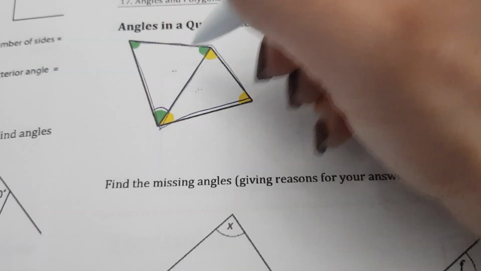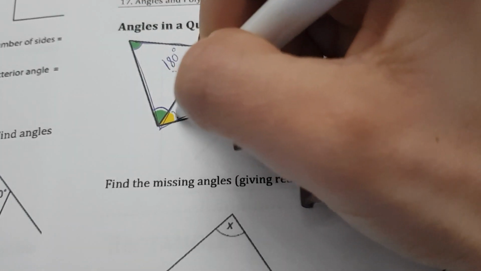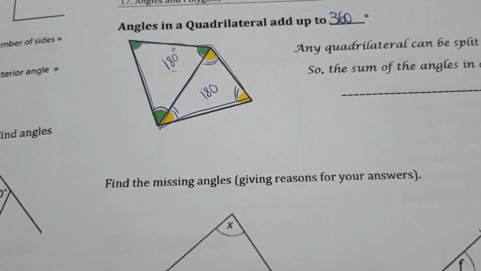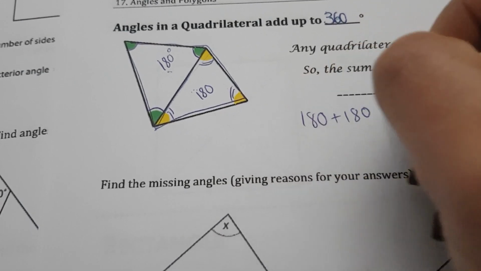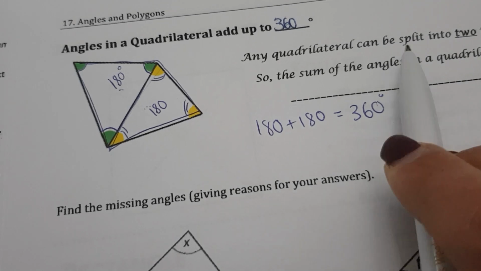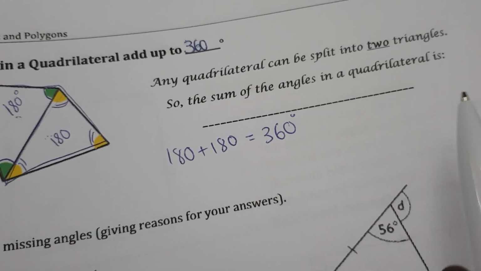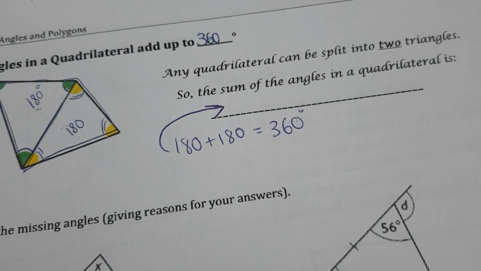The angles of this triangle add up to 180. The angles of this triangle add up to 180 as well. So 180 and 180 would give us the 360 degrees. So any quadrilateral can be split into 2 triangles. So the sum of the angles in a quadrilateral is, and write this one in this line.